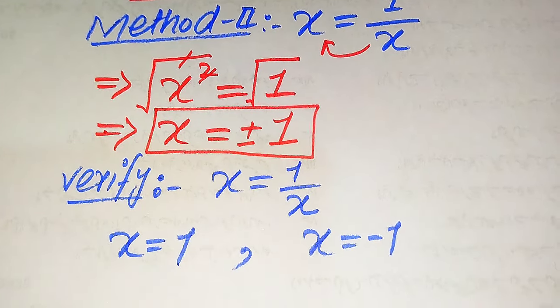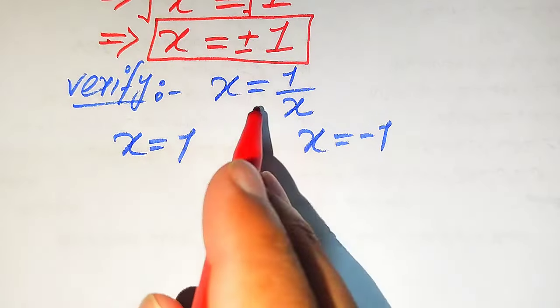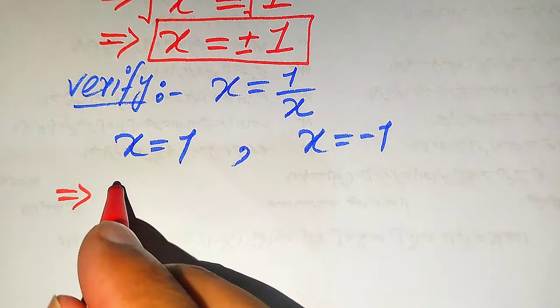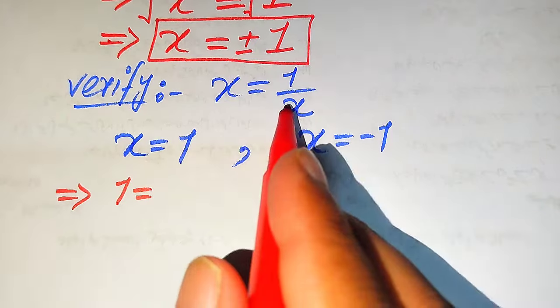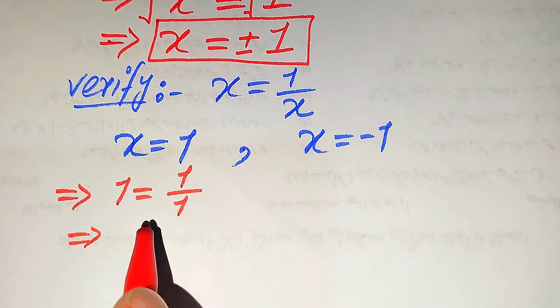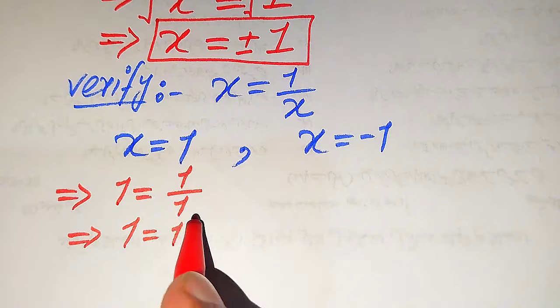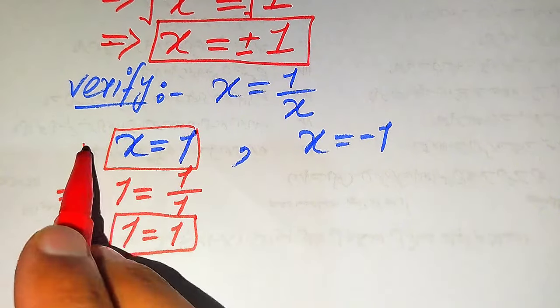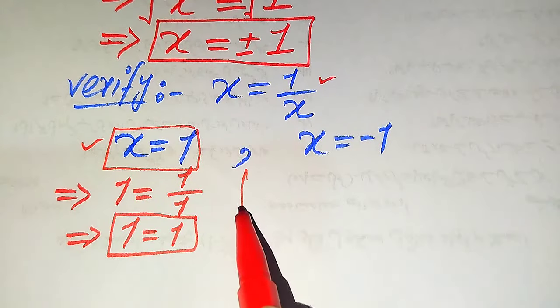When we substitute x equals 1 on both sides of this equation, it will be written as 1 equals 1 over x, which becomes 1 over 1, and you see that we get 1 equals 1. This means that the value x equals 1 satisfies the given question statement.